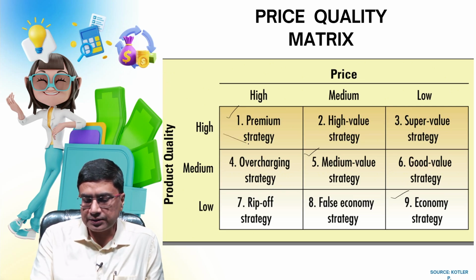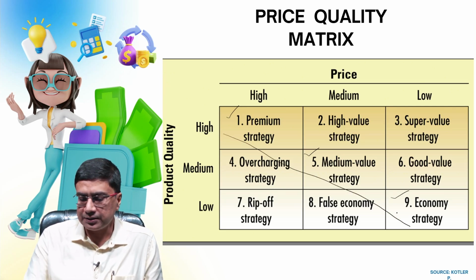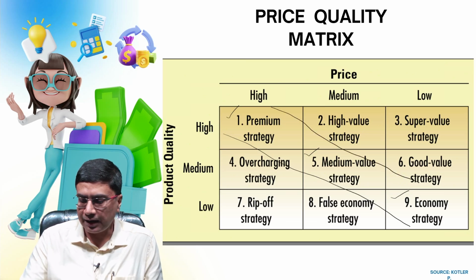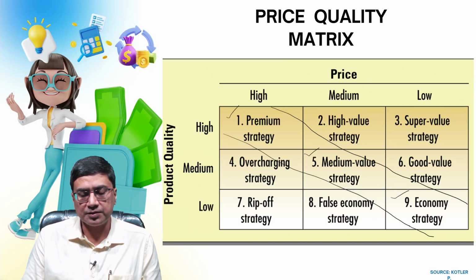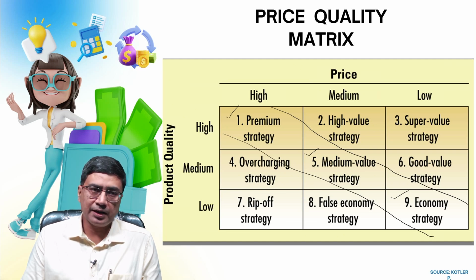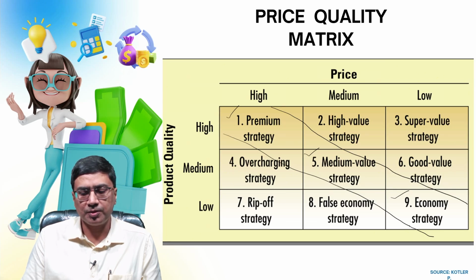So, these three possibilities, 1, 5 and 9, in this manner, do not you think it is a judicious mix of price with quality? That is what we witnessed earlier also, where the market might be ready to pay the price as per the quality perception of the product.